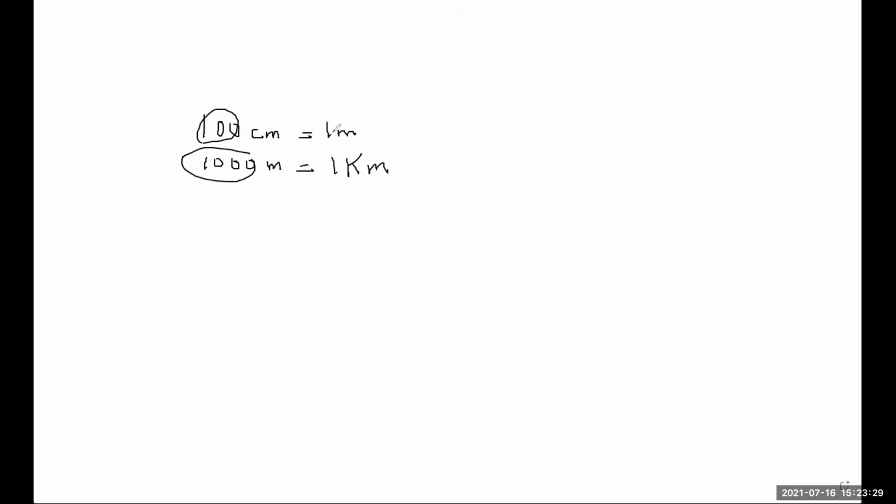If 100 centimeters go into a meter and 1,000 meters go into a kilometer, you multiply these two numbers. 100,000 centimeters go into a kilometer.